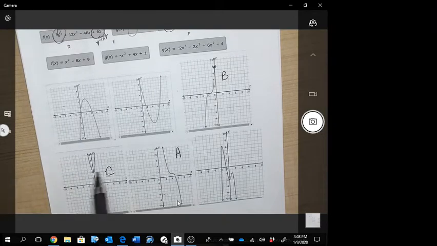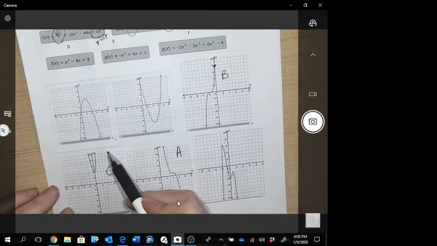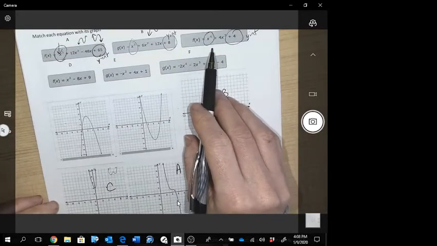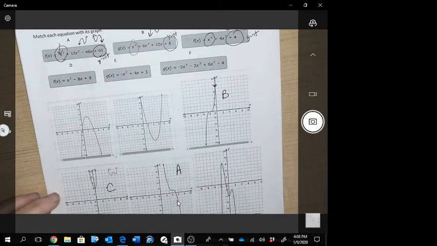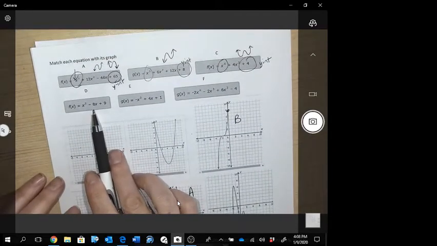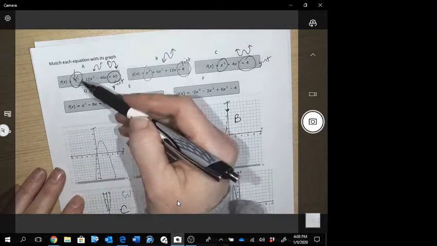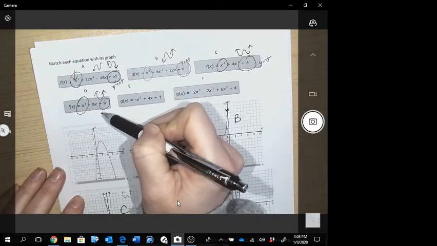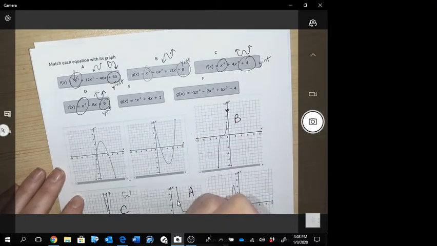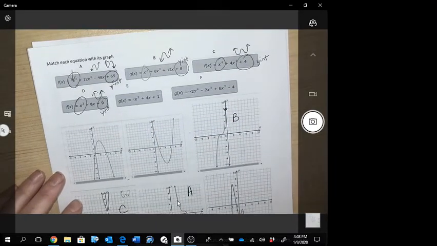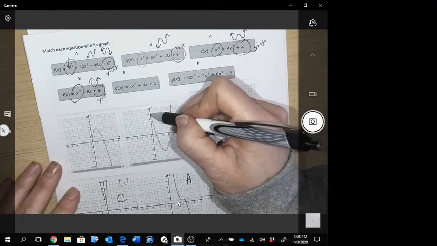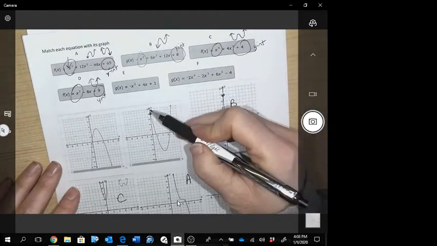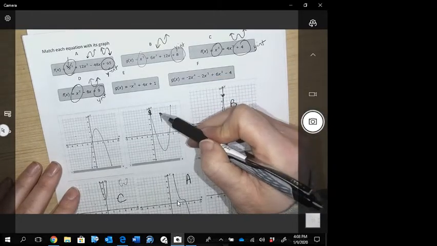Okay, and it's okay that it doesn't make quite a W. It probably has some kind of double factor. Okay, D, I know it's a squared, so it's going to be a U shape and a y-intercept of 9. U shape up, crossing at 9, so that looks like this one. Whoop. So that's D.